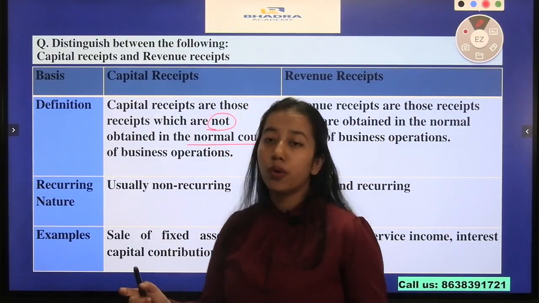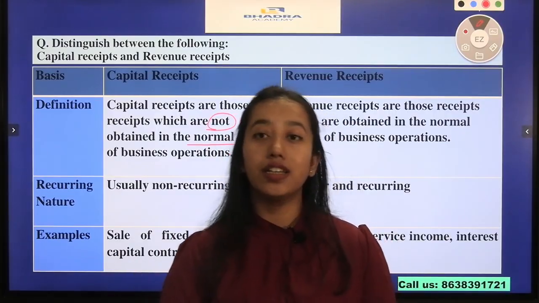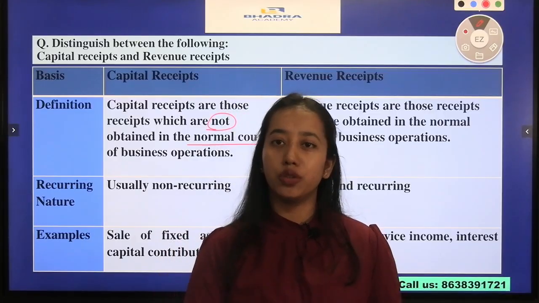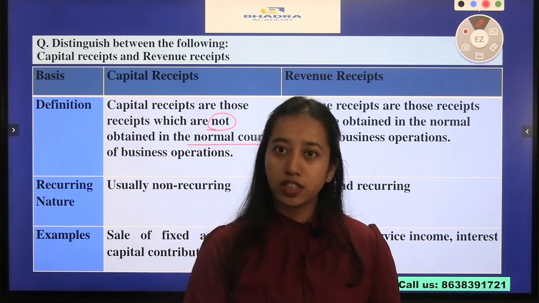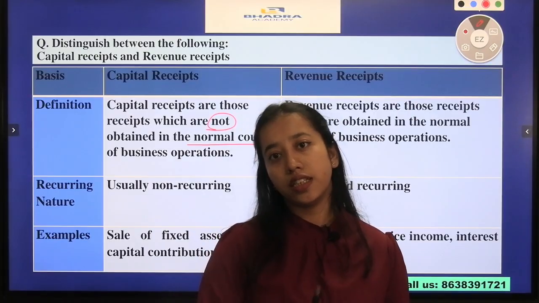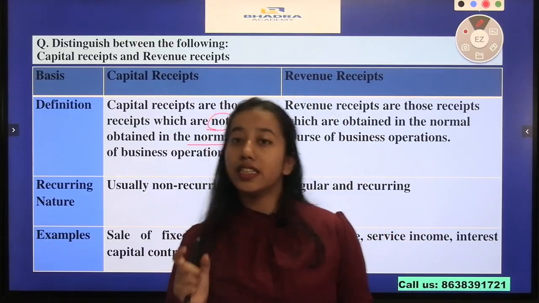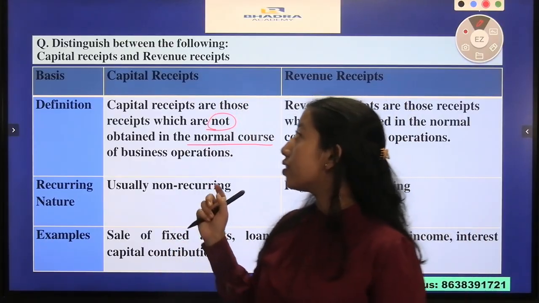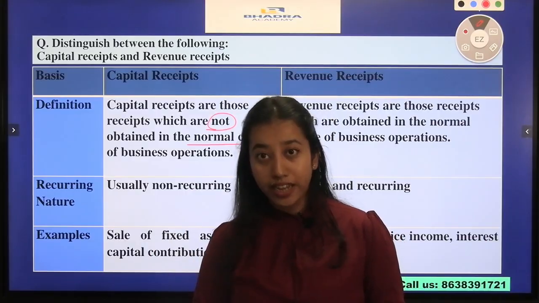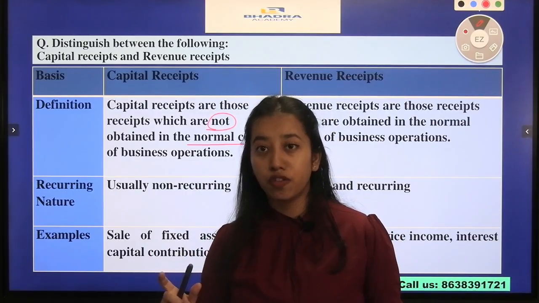But suppose a business will produce goods and sell the goods, but suppose a business sells its plot of land. That is not a good, that is a fixed asset. So when the land is sold, it will receive a huge sum of money.